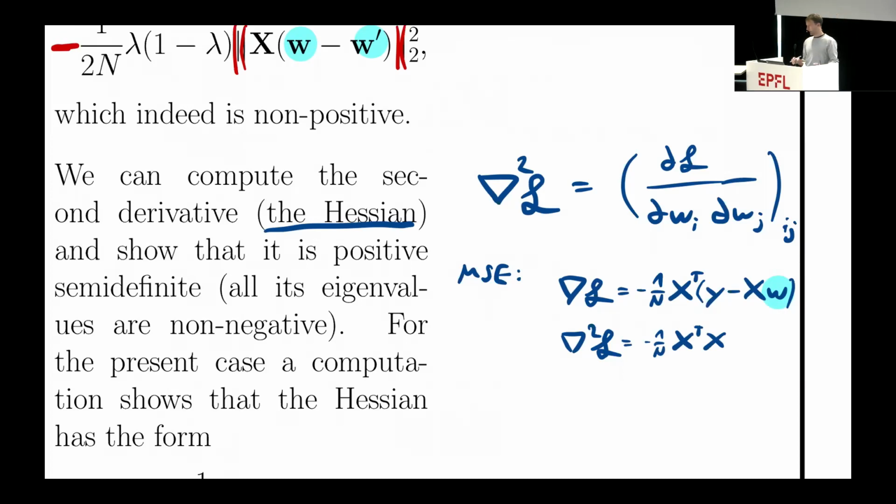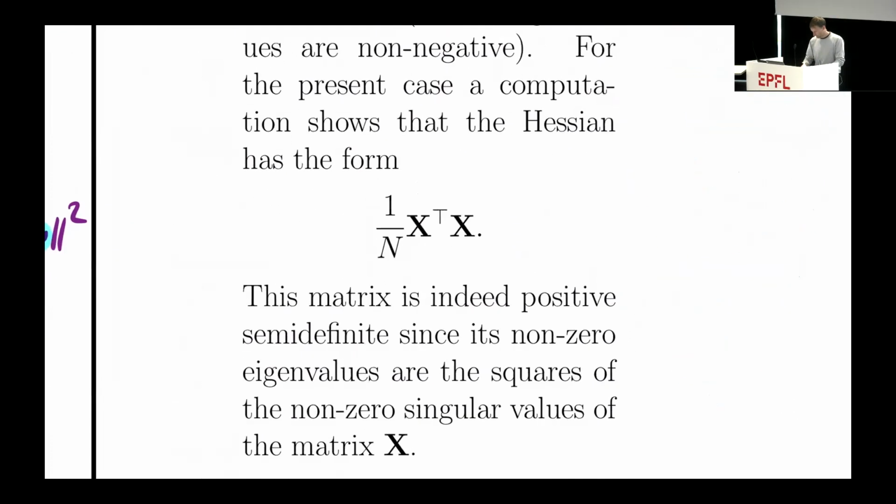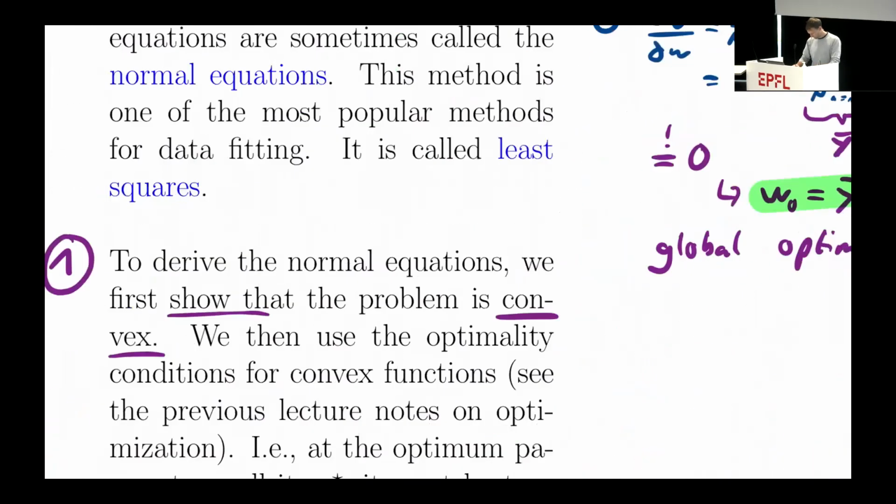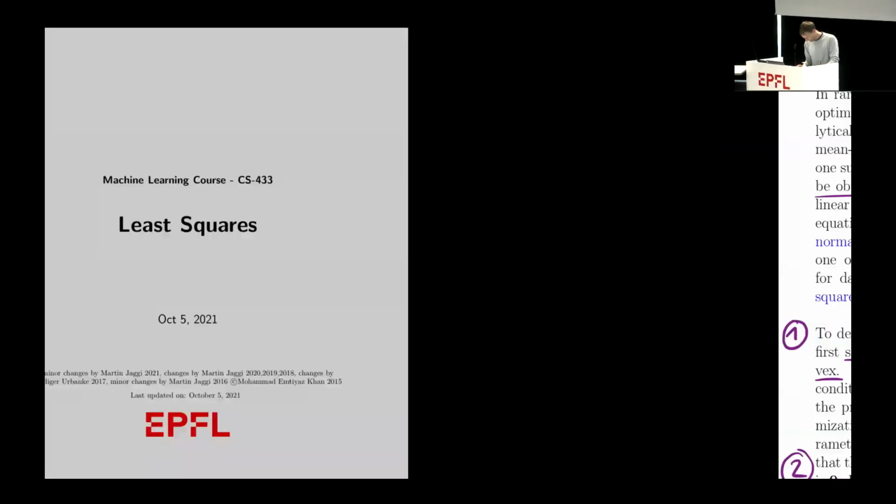We said the X matrix has the data points as its rows. Yes, this is a D by D matrix. Let's recap what the X matrix is.